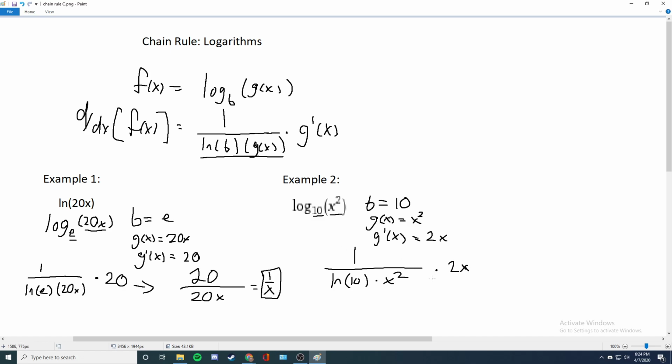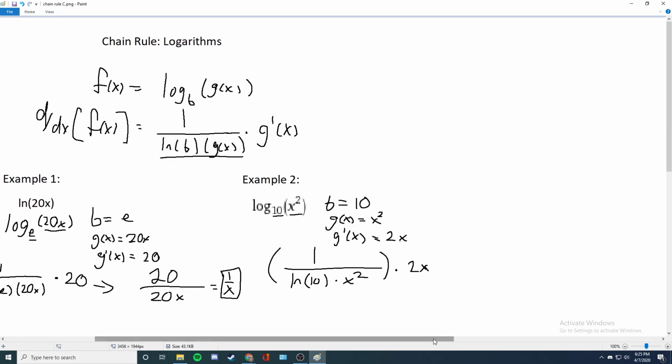Just be careful to make sure that this derivative of g of x is multiplied to the entire fraction that we made here, not just the denominator. So if we simplify this a bit more, since this is the natural log of 10, this can't be shortened any more than it is. So we'll leave that.